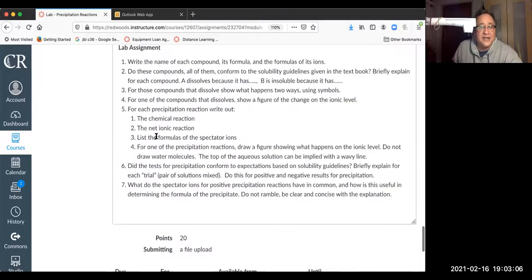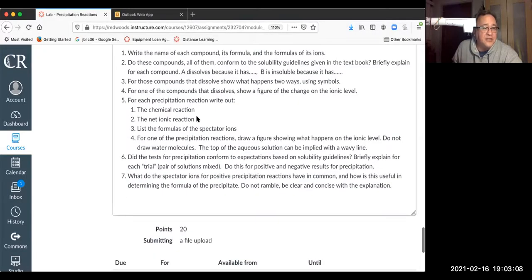And number 5 says, the chemical reaction, net ionic, formulas of the spectator ions. That's what this is. And in fact, this is 1, this is 2, and this is 3.